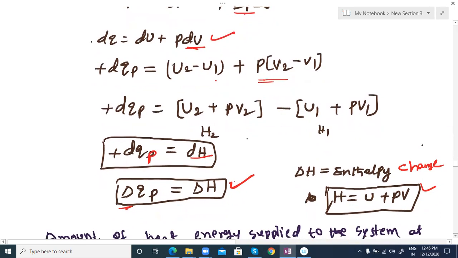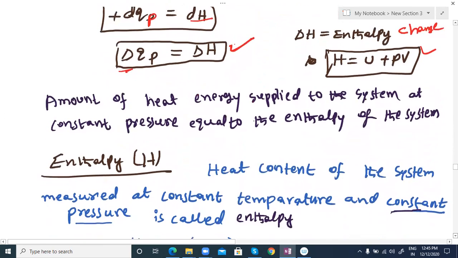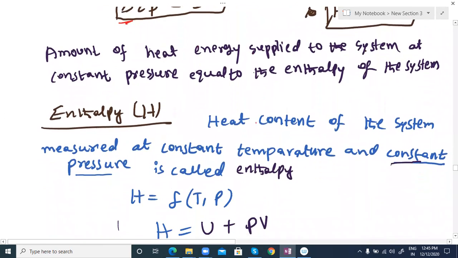What is enthalpy first? This statement: the amount of heat energy supplied to the system at constant pressure is equal to the enthalpy of the system. Every system has some energy, that may be kinetic energy, potential energy, and different forms of energy.